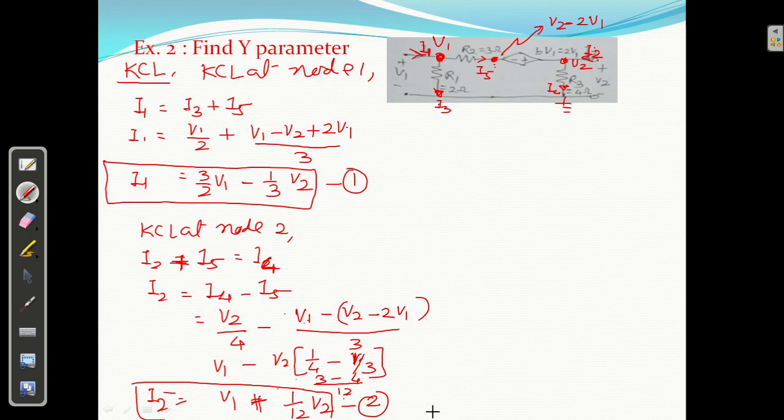Is something wrong? Equation number 2 is something wrong, I'm going to check it. I2 equal to I4 minus I5 बराबर है V2 by 4 minus V1 minus V2 plus 2V1, okay.